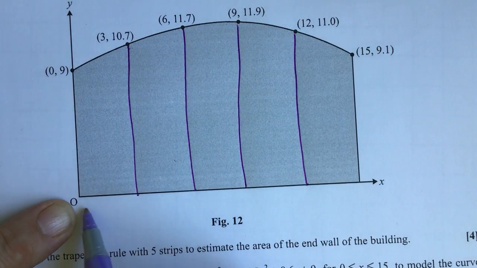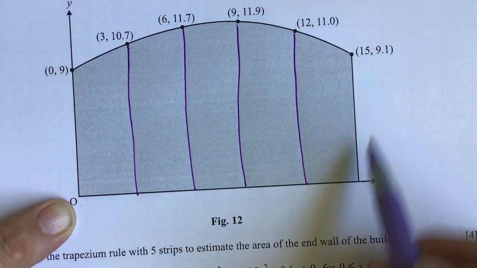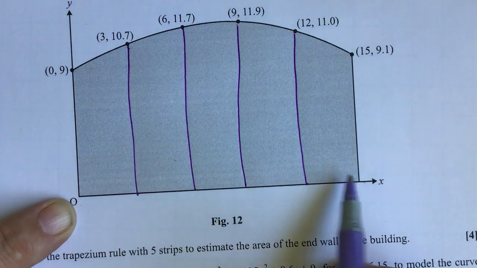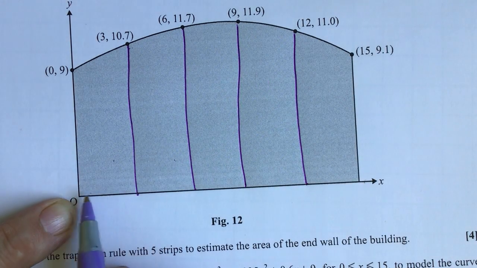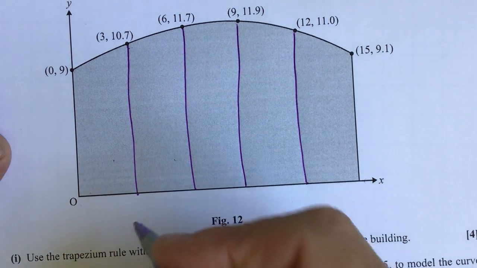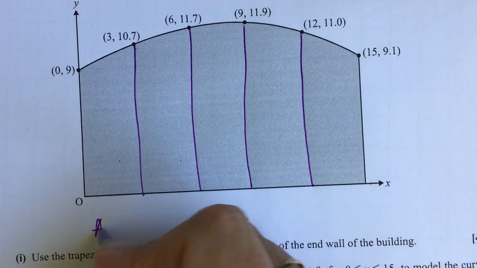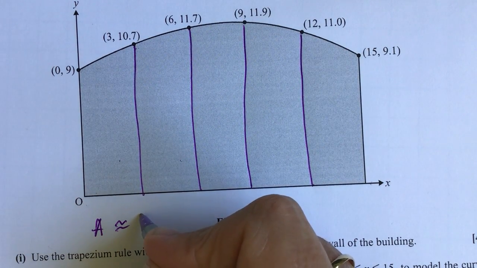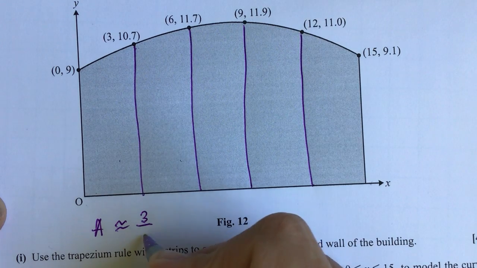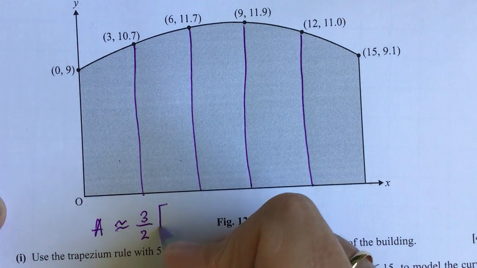Now this distance here, because this x coordinate here is 15, this must be 15 divided by 5, which means the strip width is 3. So the area is approximately equal to the strip width, 3, divided by 2. This is just all part of the formula.